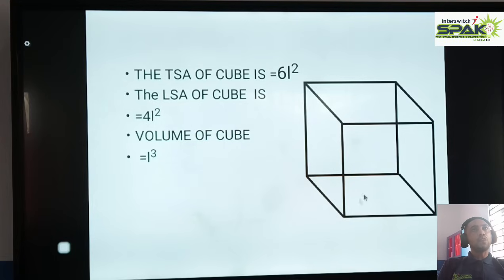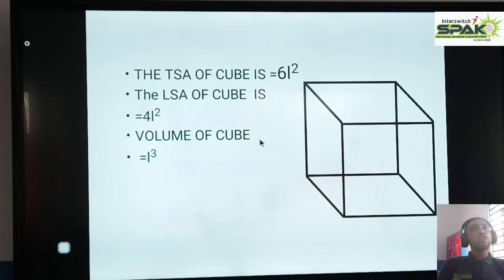So 6 times L square, that will give you 6L square. And for the lateral surface area of the cube, we take away the top and the bottom, then we are left with 4, so 4 times L square will give us 4L square.